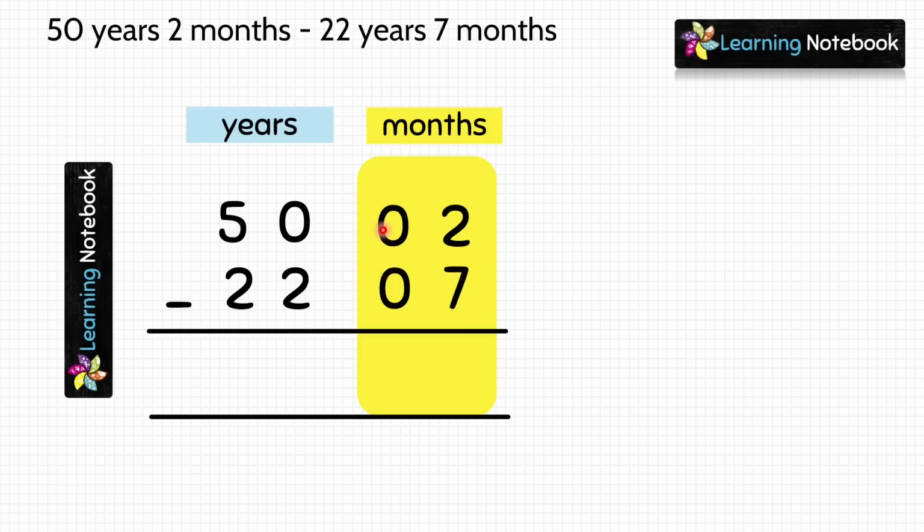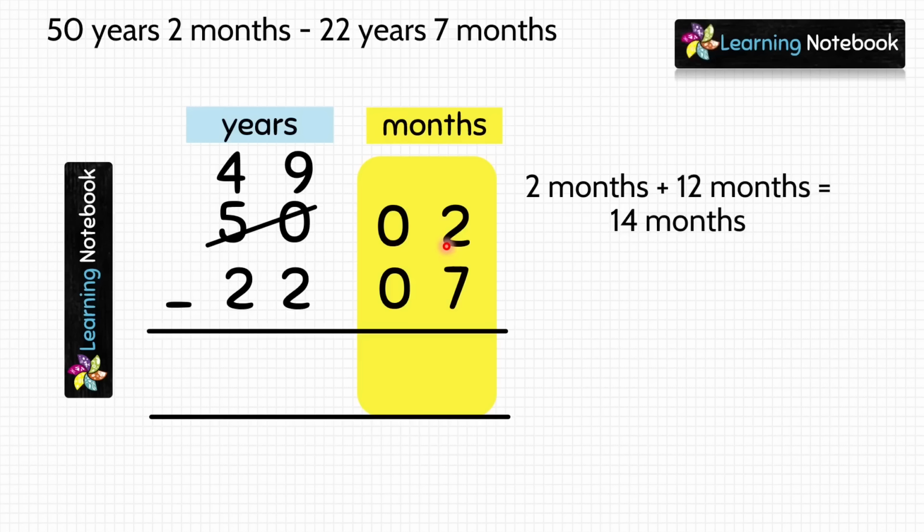Now first we will subtract the months column. But 2 is less than 7. So we will borrow from years column. So we will borrow 1 year, or we can say 12 months, from the year column. So 50 becomes 49 and 2 becomes 14 months, because 2 months plus 12 months equals 14 months.